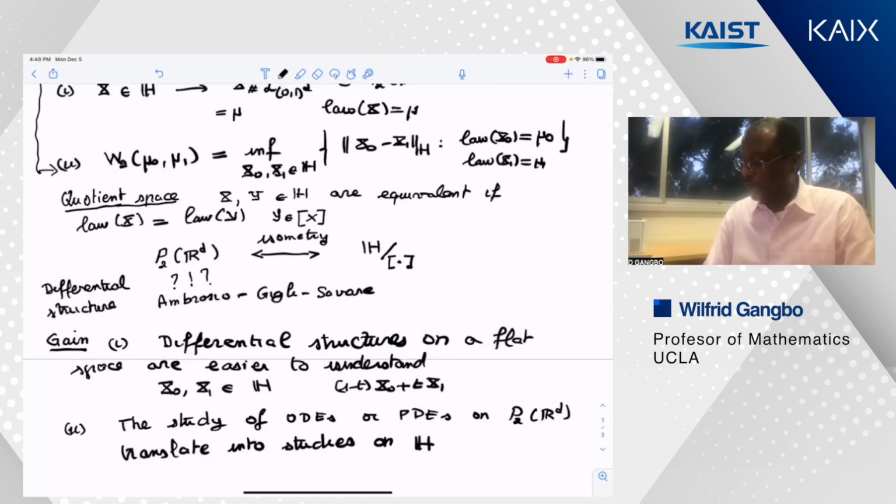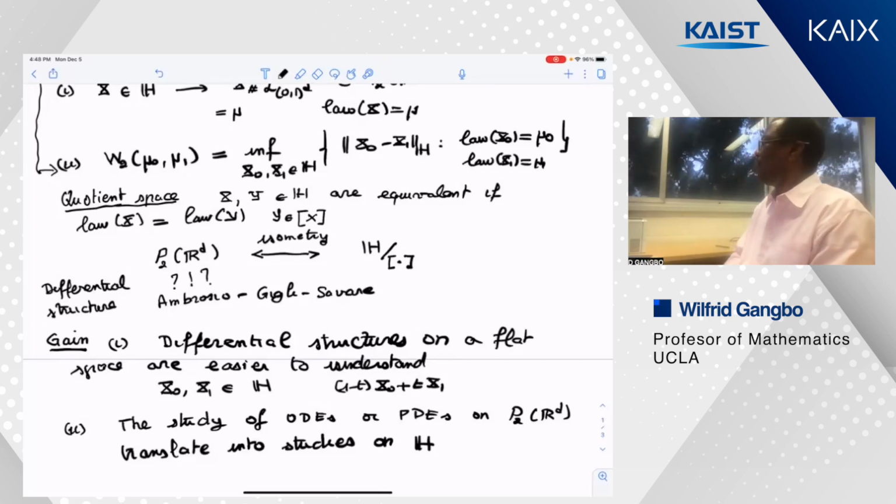So if you can compare the Hamilton-Jacobi equation on the Hilbert space with the Hamilton-Jacobi equation on the set of probability measures, you will be able to get, for instance, the comparison principle easily on the set of probability measures. You will be able to prove existence and uniqueness, exploiting what you know on Hilbert spaces.